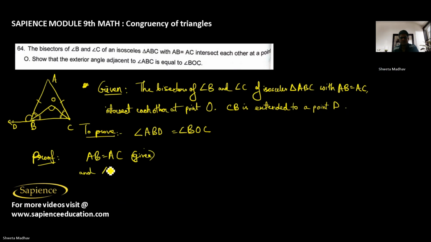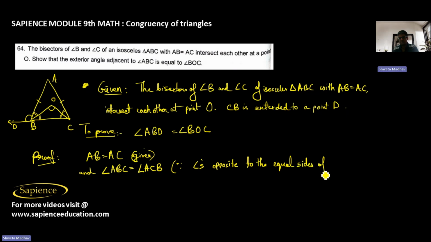And angle ABC is equal to angle ACB, since the angles opposite to the equal sides of an isosceles triangle are equal.